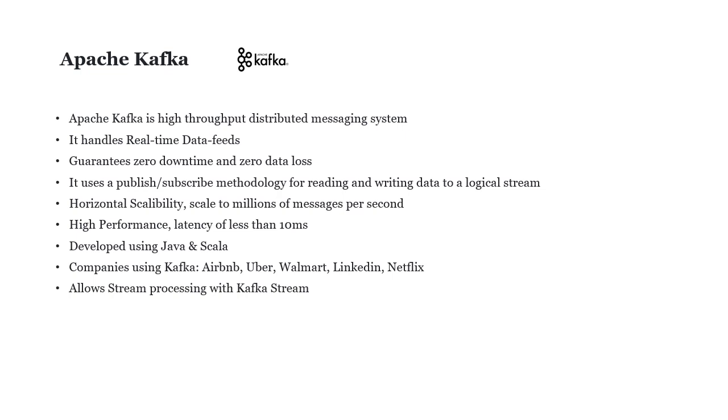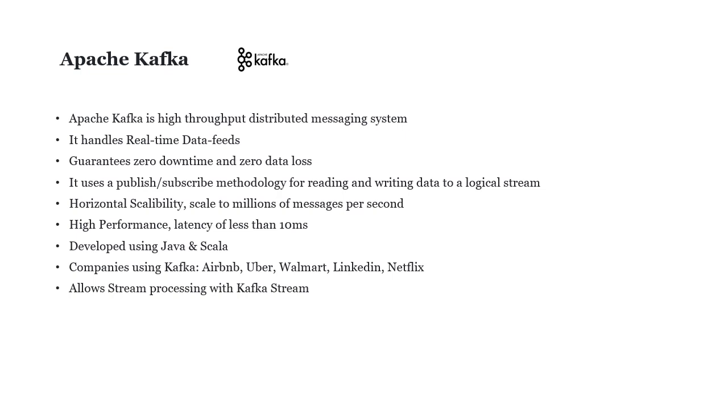So basically Apache Kafka is a high throughput distributed messaging system. It handles real-time data feeds. It gives you zero downtime, zero data loss. It uses a publish and subscribe methodology for reading and writing data to logical streams. So basically you create a Kafka environment, and then you can create topics to store your events.